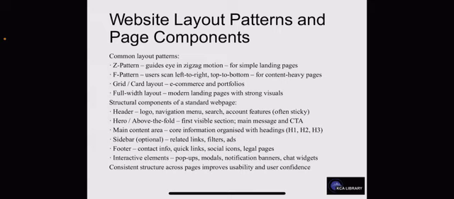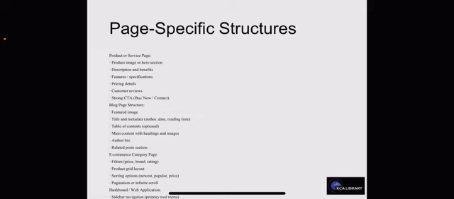We have the sidebar, which could be optional, with related links, filters, ads, and so on. The footer is where we find contact info, quick links, social icons, and legal pages. We also have interactive elements like pop-ups, modals, notification banners, and chat widgets. You should know that consistent structure across pages improves usability and user confidence.